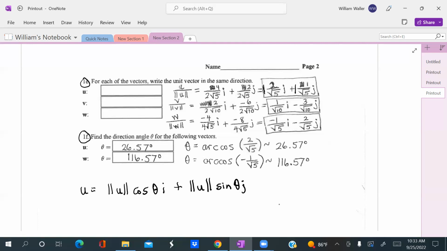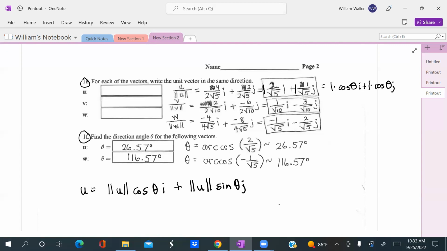We can think of this formula as the magnitude of the vector, which is 1, times the cosine of theta times i, plus the magnitude again, 1, times the sine of theta times j.